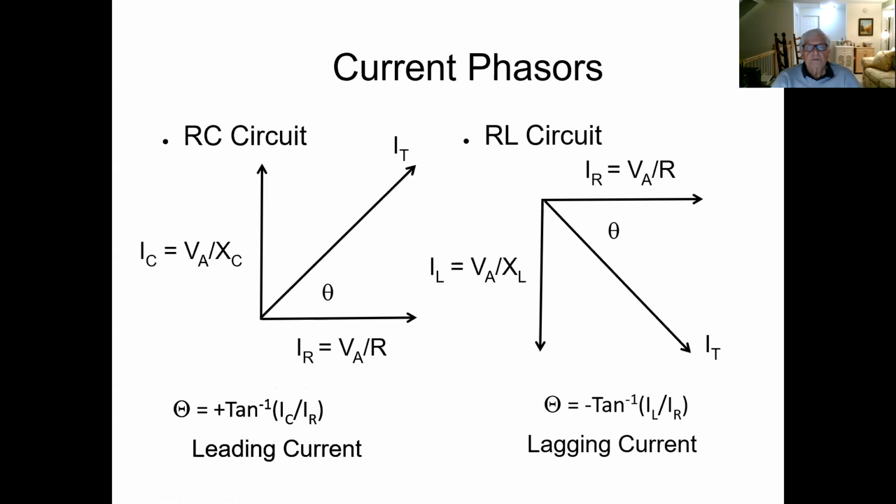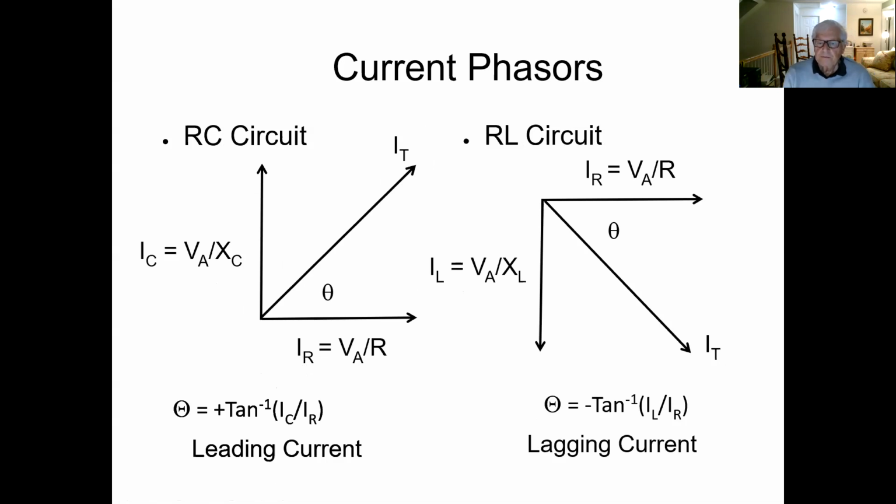So in this case, we use current phasors to figure out what the total current is. We've got a capacitive current and a resistive current. In the case of parallel circuits, we use the individual currents as phasors to figure out the total current.